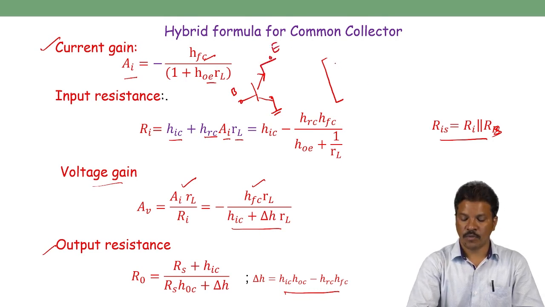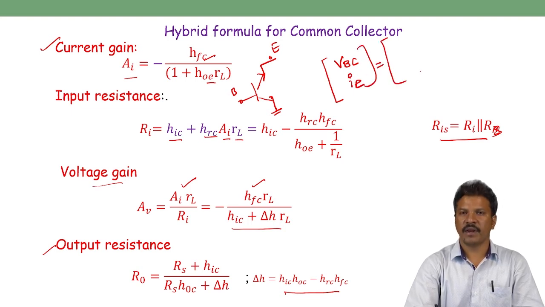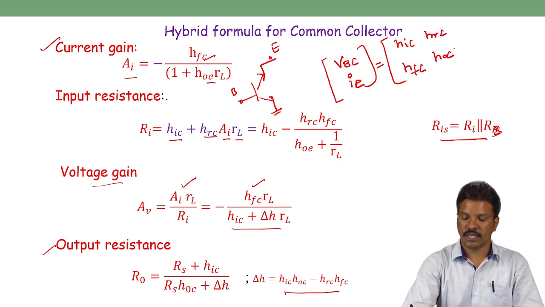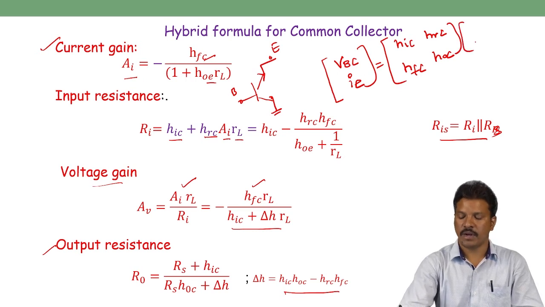So the input voltage is VBC and the output current is IE, which is equal to the H parameter matrix HIC, HRC, HFC, HOC multiplied by the independent variables, IB and VC.